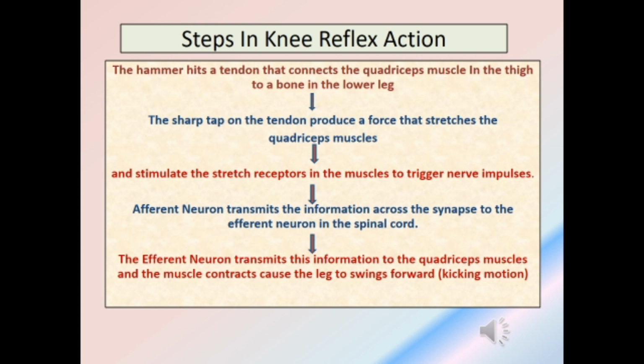The nerve impulses then travel along the afferent neuron across the synapse to the efferent neuron in the spinal cord. The efferent neuron then transmits this information to the quadricep muscles. The quadricep muscles contract, causing the leg to swing forward, producing kicking motion.